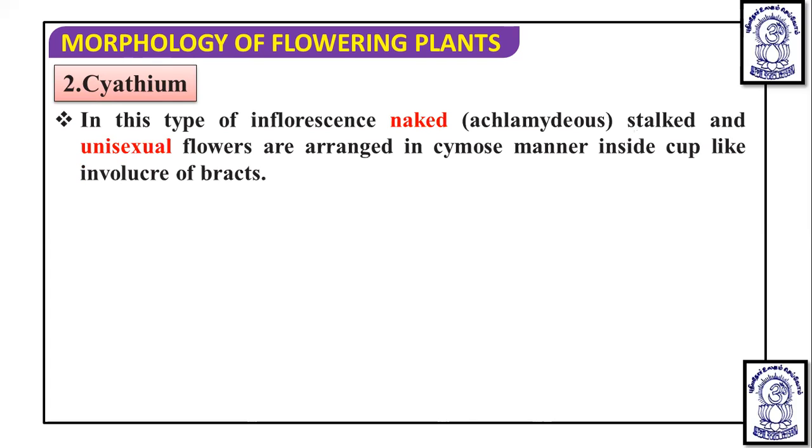So it is a cup-shaped structure formed by a group of bracts by fusing. Here, achlamydeous or naked means that in this type of unisexual flower, both calyx and corolla are absent.